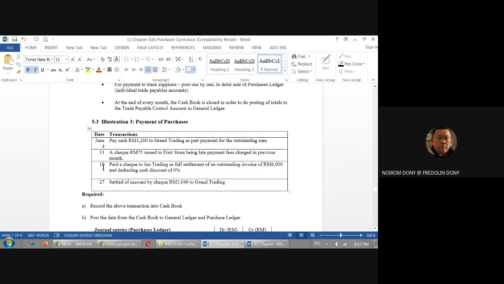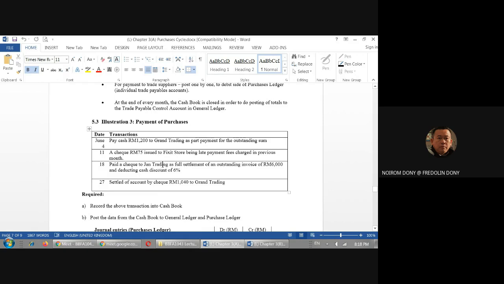Okay, this is paid by check. So the keyword: check, Jan Trading. Now we want to determine whether Jan Trading is trade payable or not. We look at the words after that, full settlement of an outstanding invoice. Again, very general, so it's not specific, so we can assume this is the trading item. So therefore, Jan Trading is trade payable.